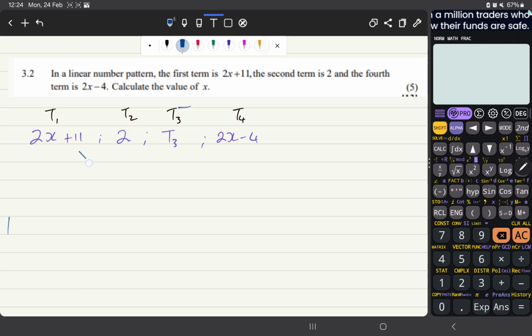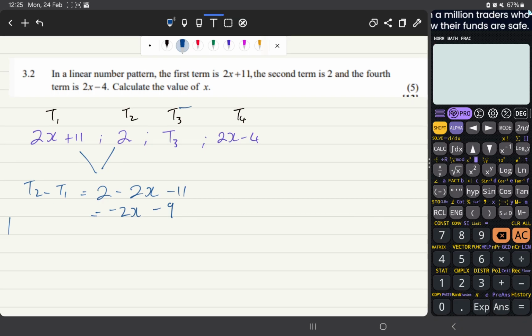It's going to be easy with term 1 and term 2: T2 minus T1, that is 2 minus 2x minus 11, and that is minus 2x minus 9, I believe. This is our common difference. Remember, we are calculating for x here, solving x.